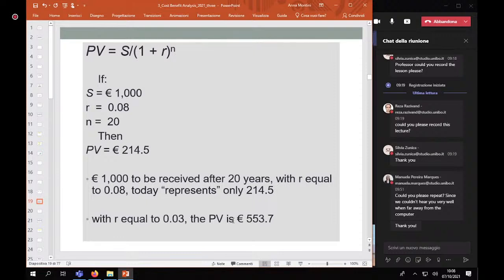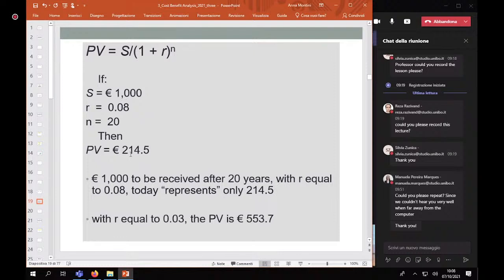One more consideration is related to the fact that if this amount of money equal to 1,000 is representing a far benefit for future generation, with the lens of today, it will be calculated only with 214 and not 1,000.